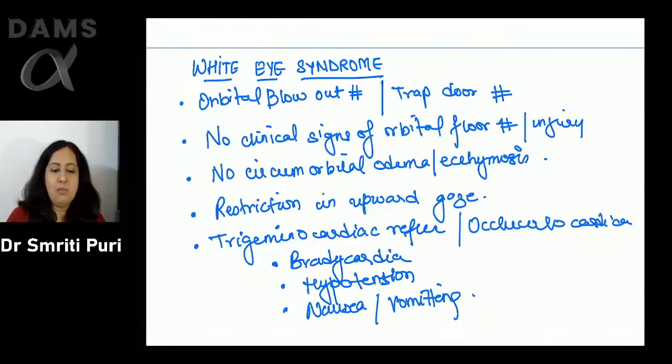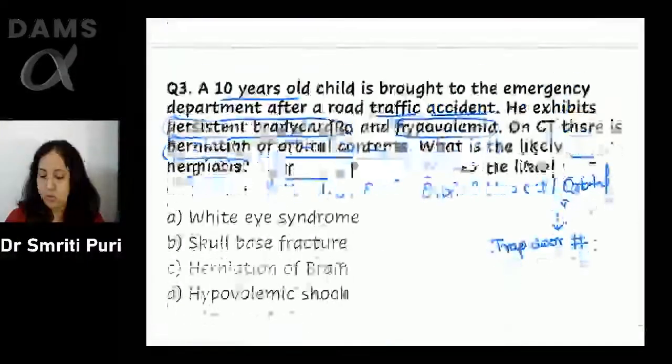So this all comprises your white eye syndrome. So when such a scenario is present, it becomes an emergency to release that entrapped muscle. Because once you release it, it will reverse the oculocardiac reflex. Fine. So please remember what is a white eye syndrome.